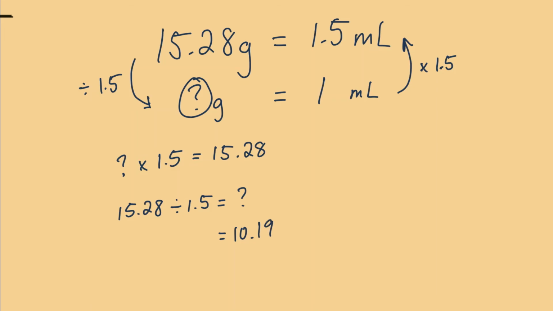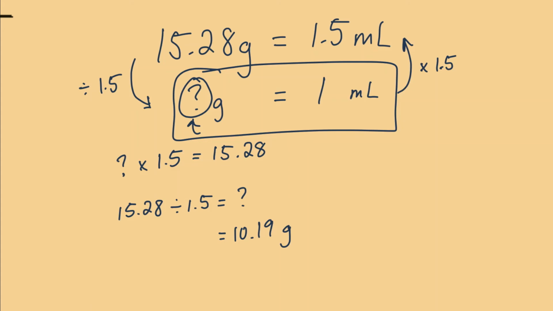10.19 what? What's our unit on here? Let's find our question mark again. Right here, grams. This 10.19 grams is the mass of 1 cubic centimeter. So I'm going to write that as 10.19 grams per cubic centimeter, or 10.19 grams for every 1 cubic centimeter.